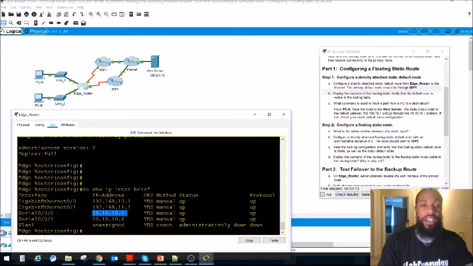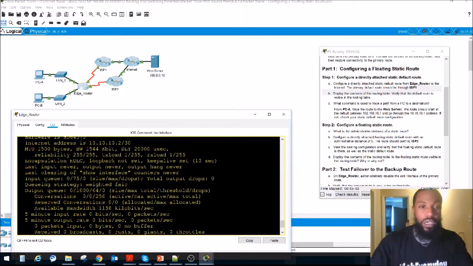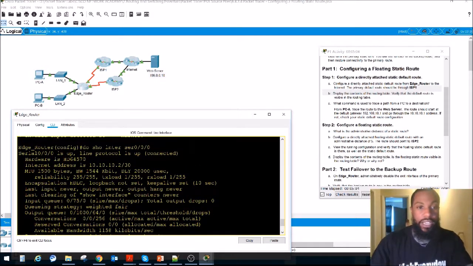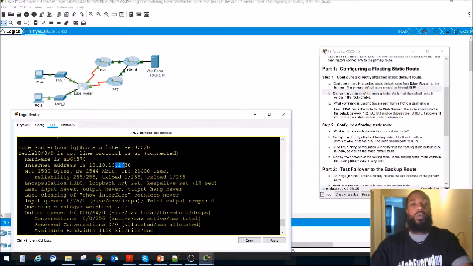Let's verify that with a show interface serial 0/0/0. And yeah, it's a /30. So that means we know there's only going to be two usable IP addresses. The other one will be .1, right? So that's the interface we need to exit out of, right?